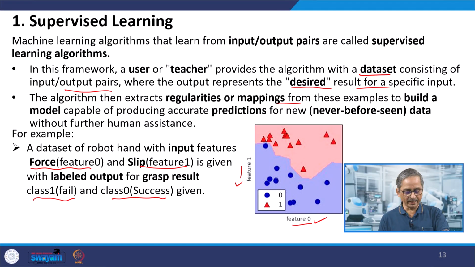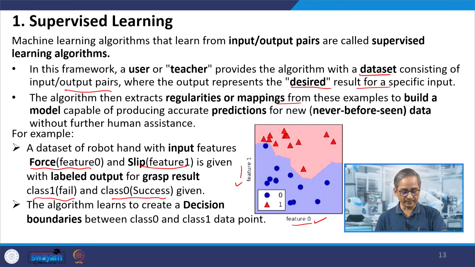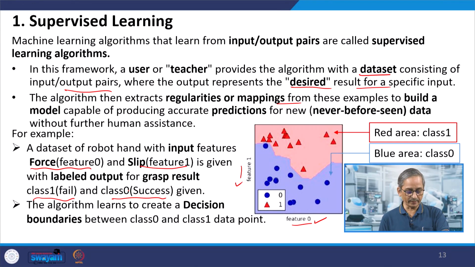So, here you see we have the two grasp results, fail and success, that is class 1 and class 0. The algorithm learns to create a decision boundary between the class 0 and class 1 data points. Here is this decision boundary, and say this red area belongs to class 1 and the blue area belongs to class 0.